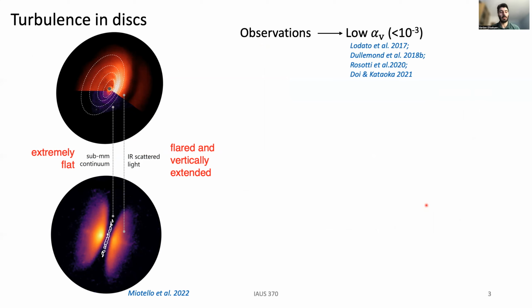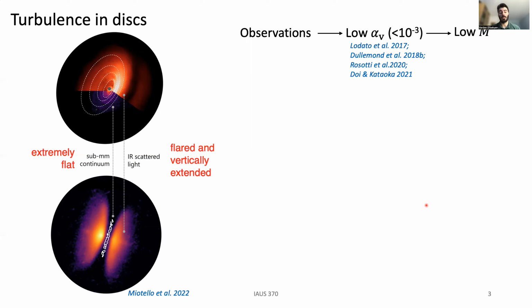Because of that, the disks are flat in the midplane, which in turn means that if the mass transport and the angular momentum transport are mainly powered by viscous turbulence, then the mass accretion rates onto the star must be low, which is not the case.